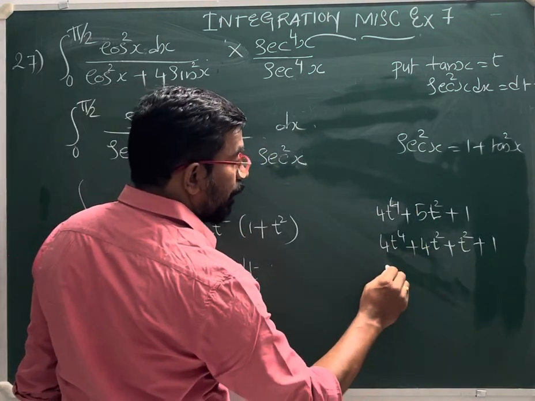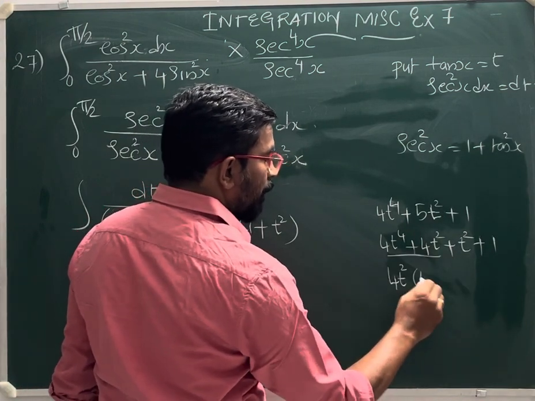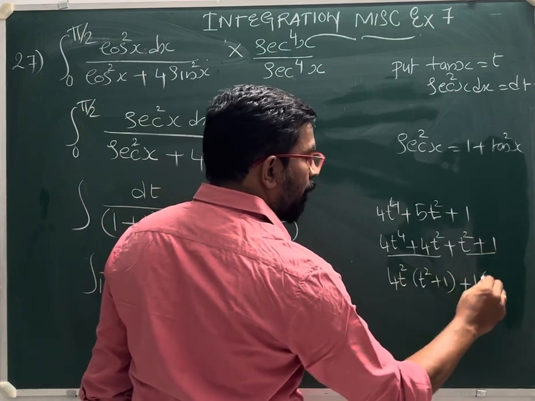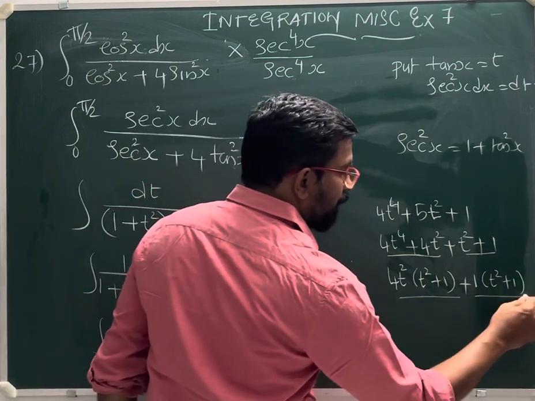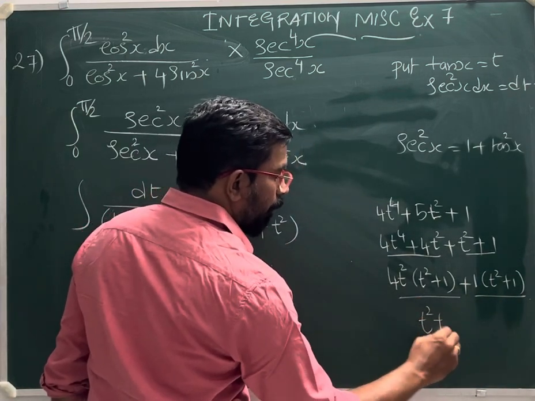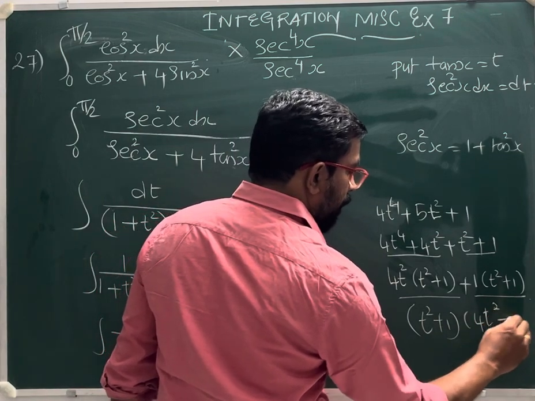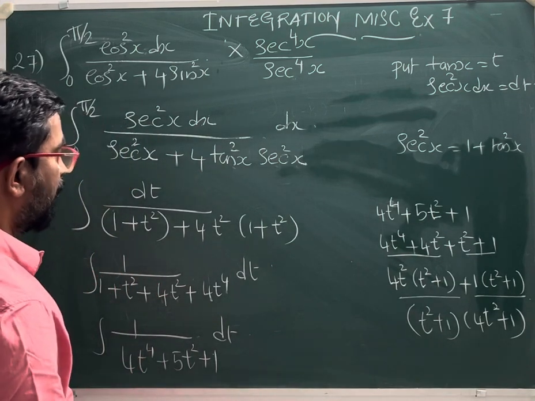Take 4t square common from the first two terms, what is left? t square plus 1. Plus, from here I take 1 common factor, t square plus 1. Now t square plus 1 is a common factor, into 4t square plus 1. Now the denominator got factorized.